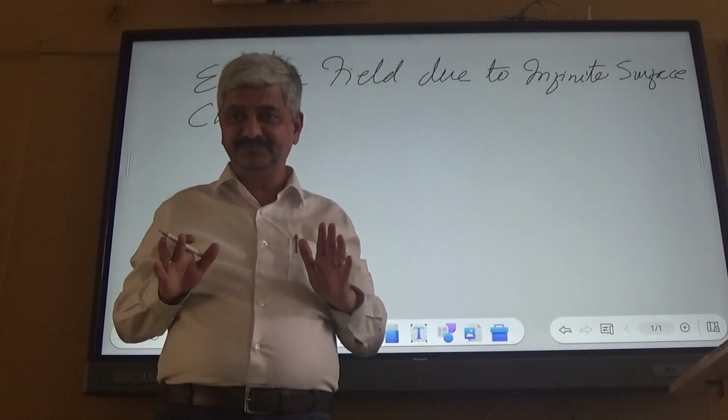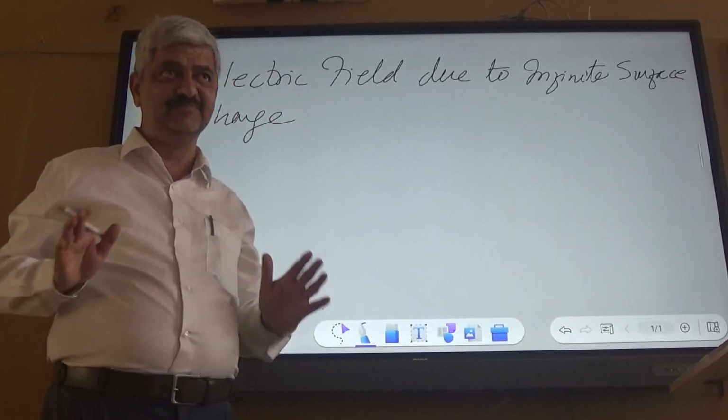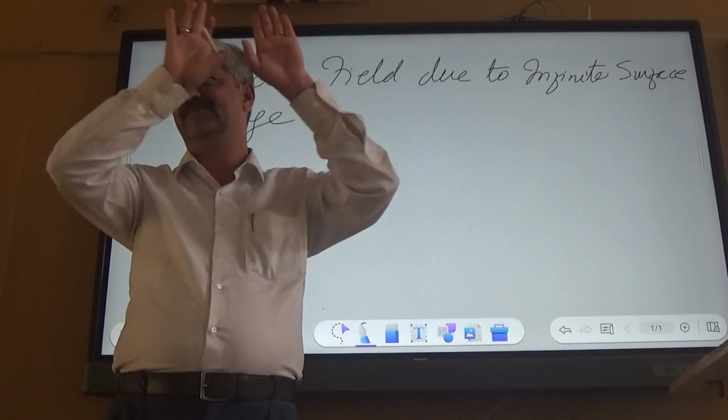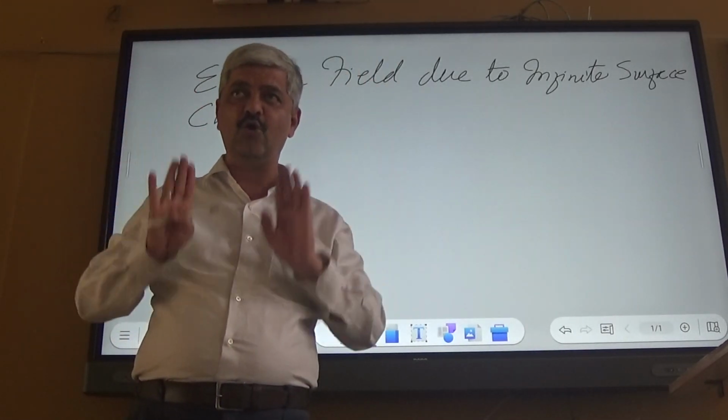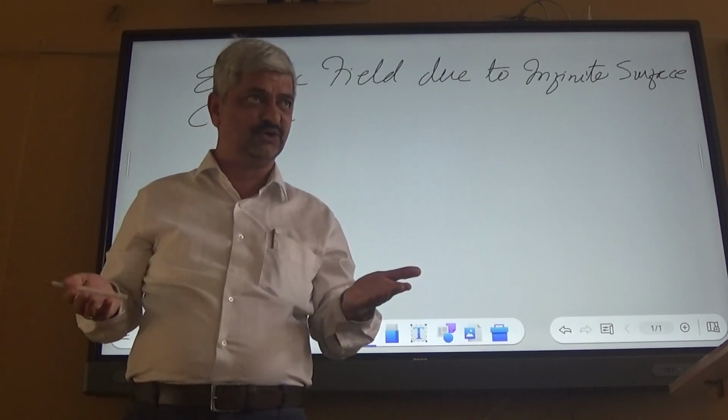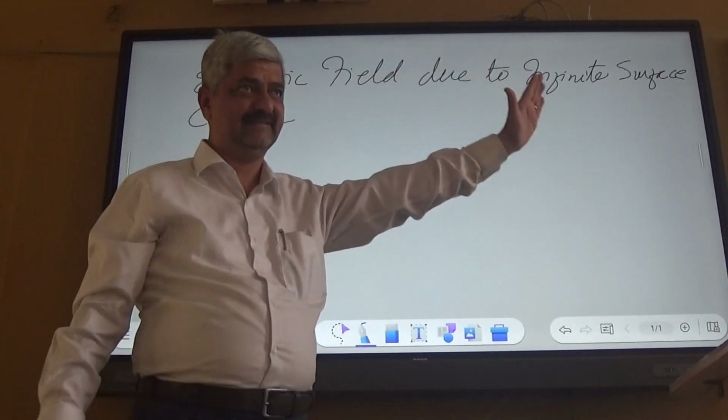Listen very carefully. The concept is important. Infinite surface means there is uniform surface charge of rho s coulombs per meter square over the entire xy plane.